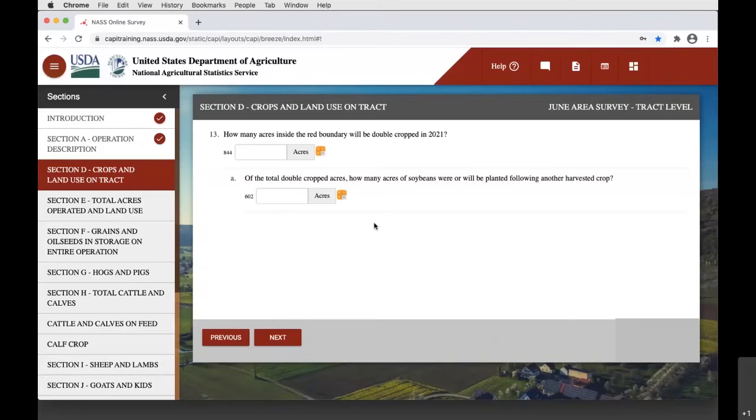Starting in 2021, the question has been rewritten to be more closely aligned with how the question is written on the June Crops APS questionnaire.